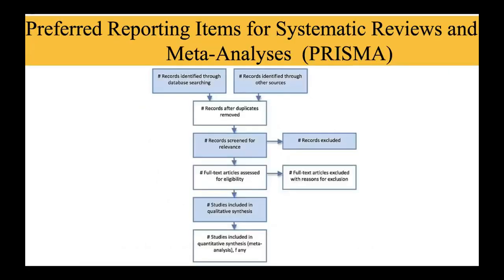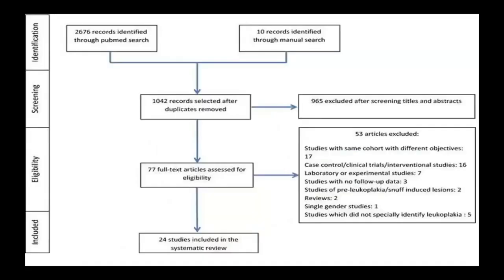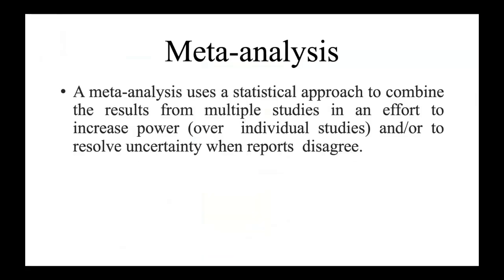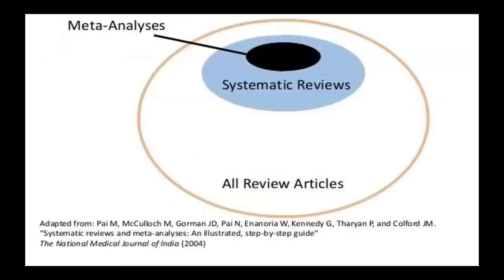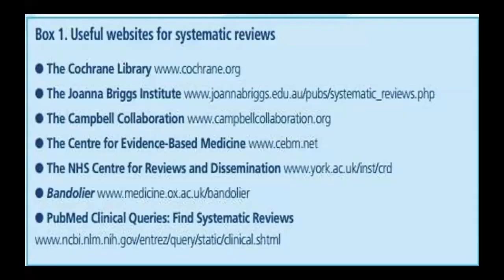Preferred reporting items for systematic reviews and meta-analyses. So this is the table of how you will collect it and how you will record it, the recording and calculation of this method. It is very cumbersome, this type of research. Meta-analysis, as I told you, is different in its calculations.